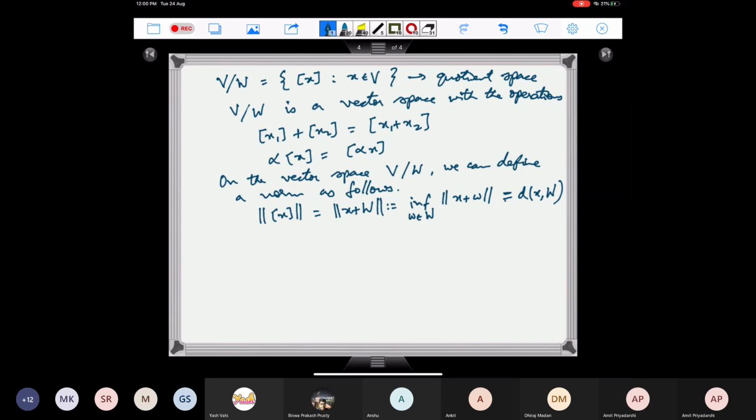Again, you can check that this is well defined, because for this coset I can take different representations. Suppose x plus W is equal to x prime plus W, then that will mean that x minus x prime belongs to W. Let me just say, check that the above is well defined.